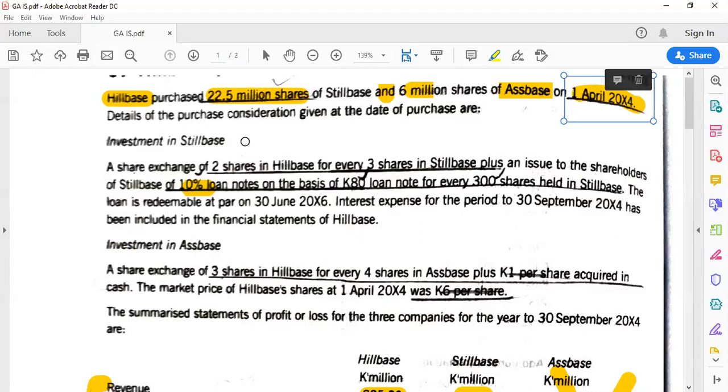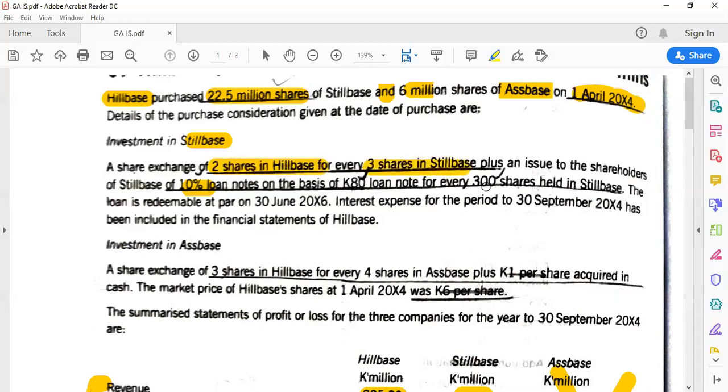Details of the consideration given at that date of purchase are: number one, investment in Steel-based. Steel-based is this guy, the subsidiary. So what do we do? We go here. There's a share exchange. Have you seen? Of two shares in Hill base for every 3 shares in Steel-based.